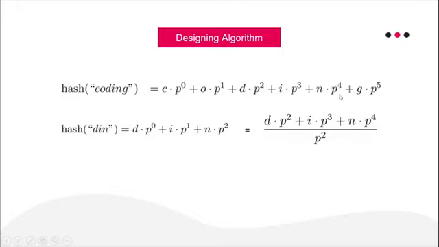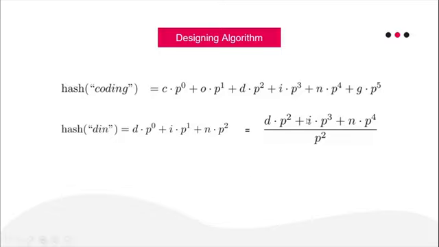This would be an integer, because d, i and n all will be converted to integers. This whole thing is actually an integer, as I have already explained in the previous lecture. So you can divide any integer by an integer. Of course this is under modulo m, and division is not allowed under modulo operation, so we'll be using the modular inverse.